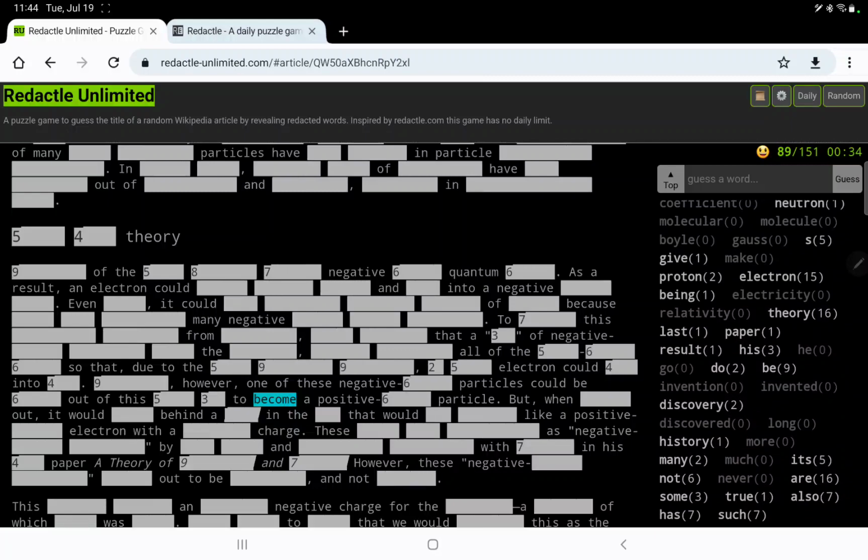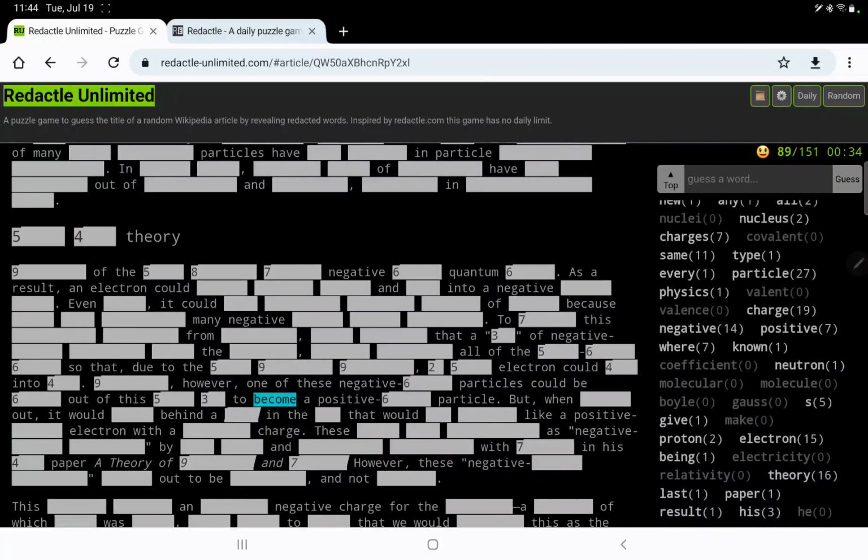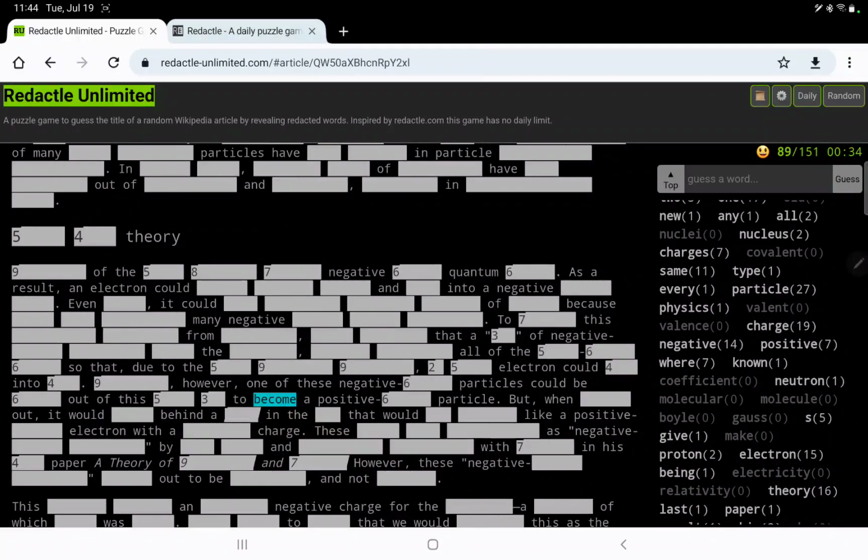I did charge way back, right? No, maybe oh yeah, I did. There's charge. Right there. To become a positive something particle.